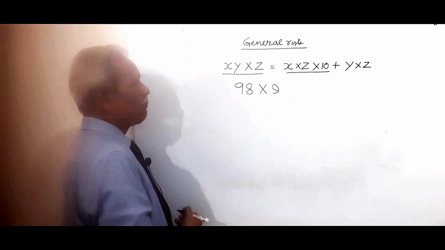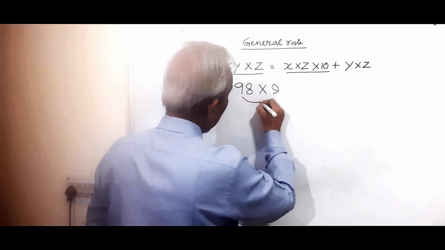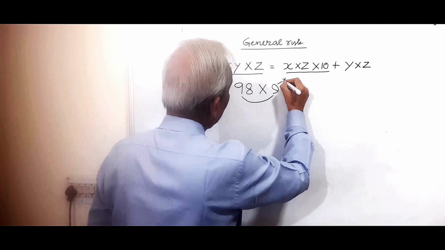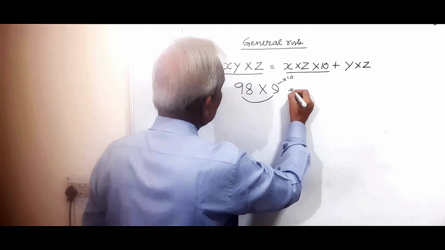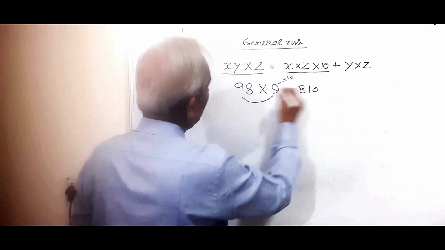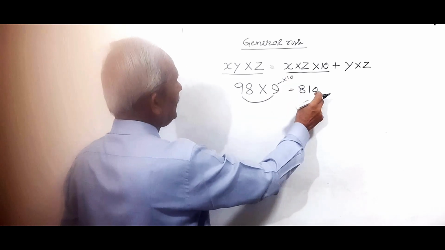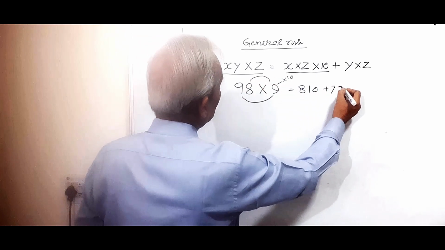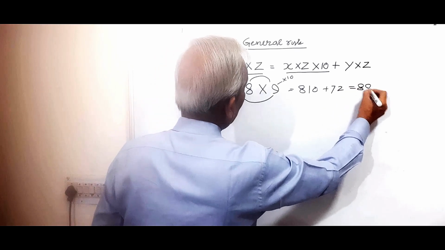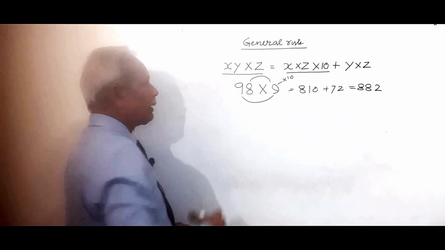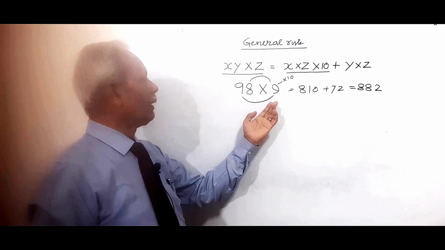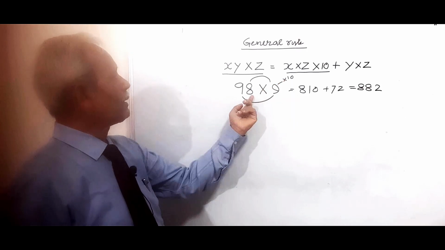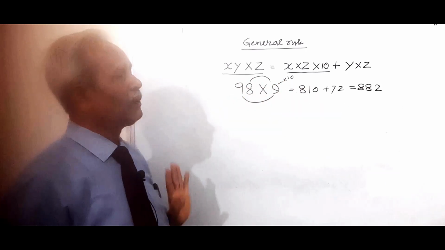So we'll follow that same method. 9 into 9 into 10, which is equal to 810. 9 nines are 81 into 10, 810, plus 8 into 9, 72, which is equal to 882. So can't you do it mentally? You can very well do it. 9 into 9, 81, 810 plus 72, 882.